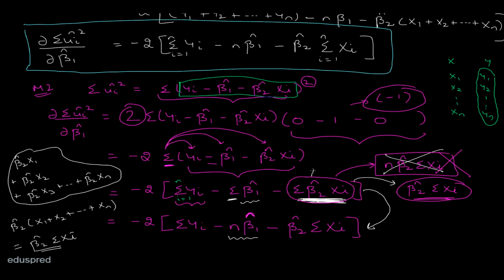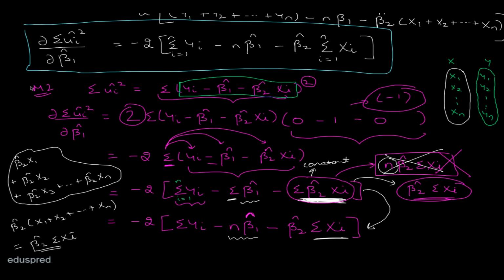However, if the constant, beta 2 hat, is multiplied by a variable, so it is not a standalone constant, then if you apply summation on this term, the summation skips the constant and is only applied on the variable, and you will not write anything like n. So beta 2 hat will come out and the summation will only be applied on xi, and summation of xi means that you are just summing up these x values that you have over here in the sample data. Okay, so I hope this much is clear.